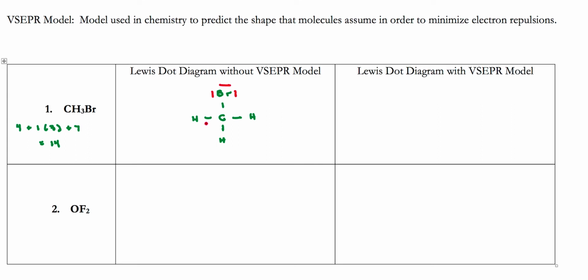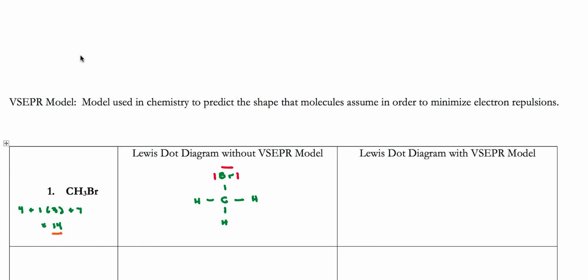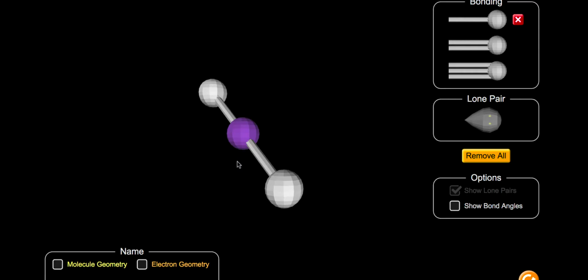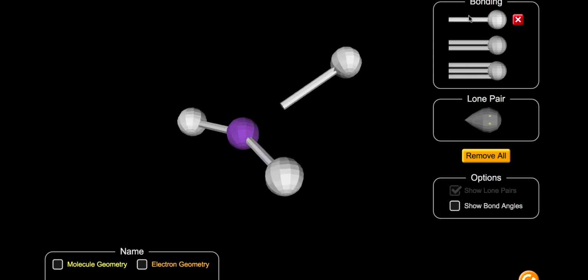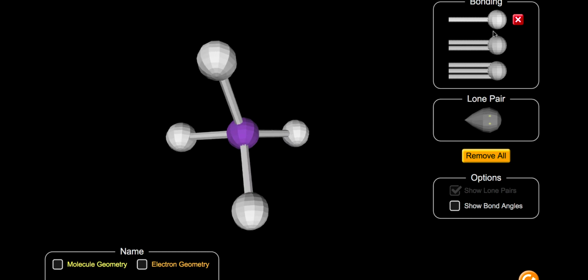Now, we're going to use our VSEPR model in order to see what this Lewis dot structure will actually look like so I can draw it properly. Remember, what the VSEPR model tells us is that molecules take whatever shape helps to minimize electron repulsions. Let's look at how that plays out by looking at the simulation on this website. For CH3Br, I've got 4 total atoms attached.